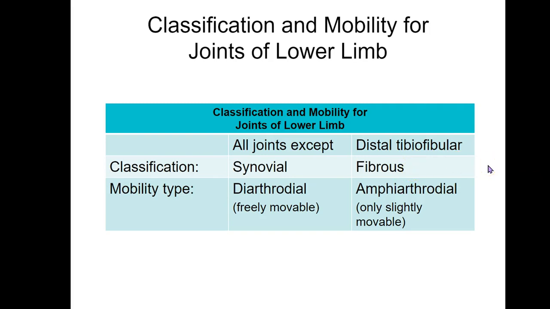All joints of the lower limb, except that distal tib-fib joint, are considered diarthroidal. Remember, that's their functional classification, and that means freely movable. The distal tib-fib joint is amphiarthroidal, which only allows slight movement. So everything we're talking about in the lower limb is synovial and diarthroidal with this one exception.